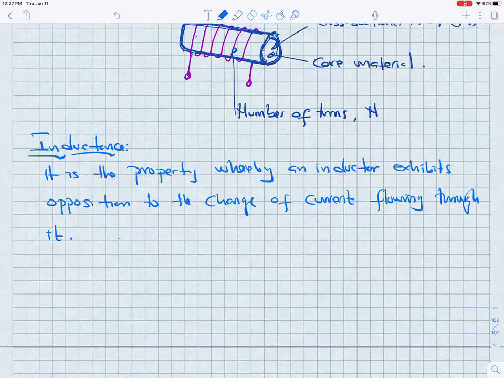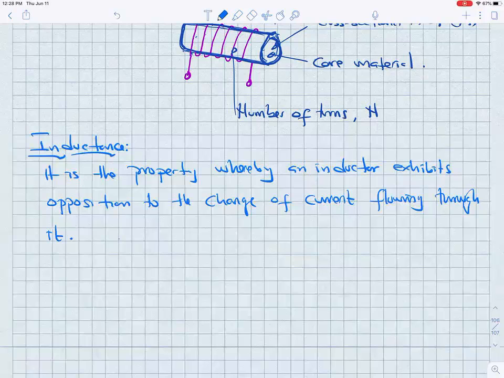So if you have a material which opposes the change of flow of current, then that material has some sort of inductance within it. If the material allows the change of current very easily and very quickly, then that material basically has no inductance within it, right? So you have the property of inductance in the material if it has the property to oppose the change of flow of current.